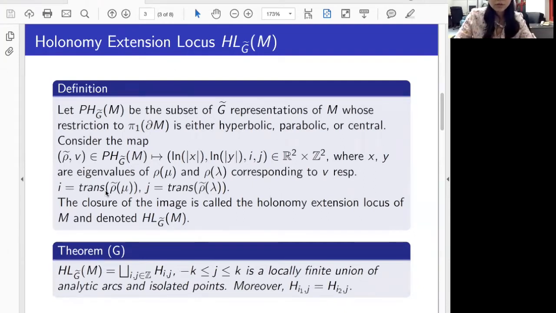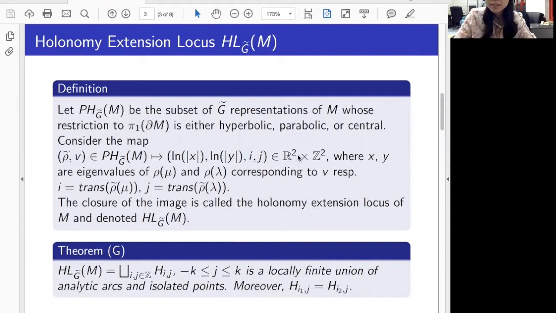The closure of the image of this map is called the holonomic extension locus of M, and is denoted by HL sub G tilde of M. So you can think of the holonomic extension locus as living in Z cross Z planes.